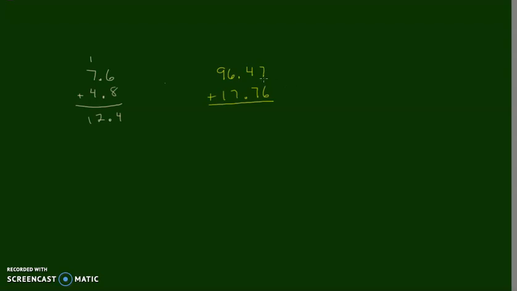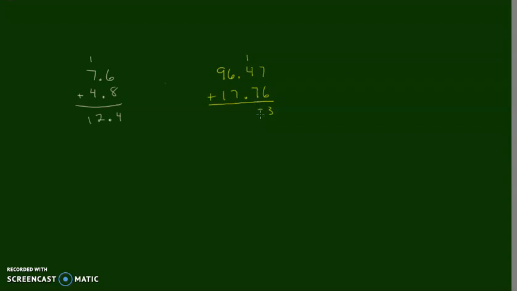The last practice problem we'll do is 96 and 47 hundredths plus 17 and 76 hundredths. Again, the home link already has lined up the decimals for you, but it's important to make sure your decimals are lined up, and we can go ahead and add. 7 hundredths plus 6 hundredths is 13 hundredths. 1 tenth plus 4 tenths is 5 tenths.